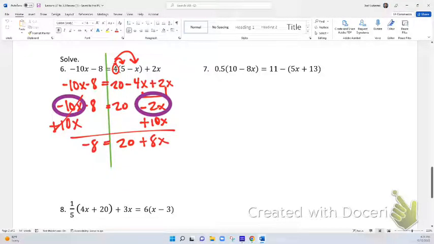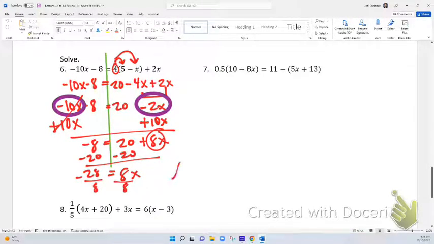And then what we're going to do is we are going to subtract 20 from both sides. So this gets circled, subtract 20, subtract 20. You get 8x is equal to -28. Divide by 8, divide by 8. And you get x equals, let me check my calculator here.